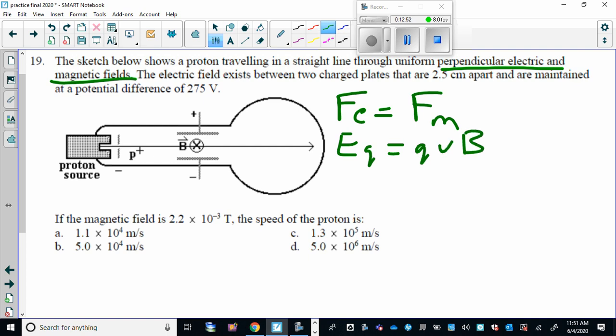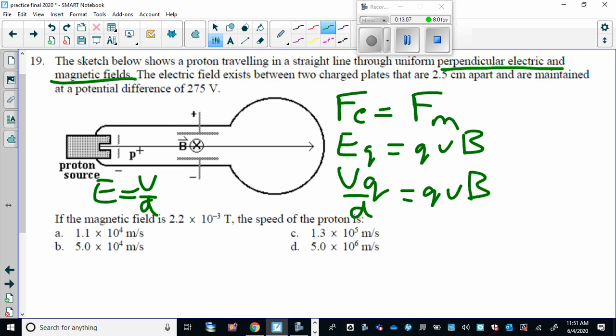But in this case, they don't give us the electric field strength. They give us the voltage and the distance. Therefore, we have to change E. We have to use this formula here and just substitute in the voltage, and then we're going to solve it for v.